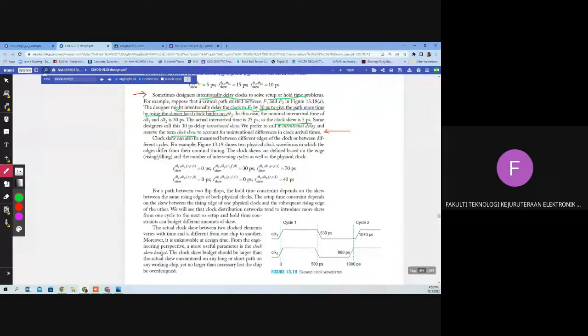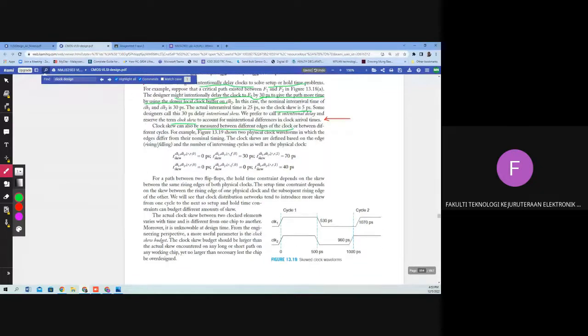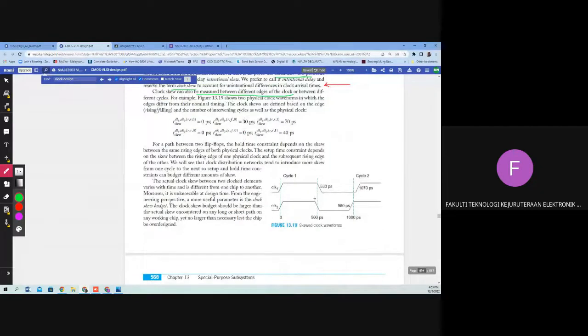Clock skew can also be measured between different edges of the clock. I think I mentioned this in the last lecture, I forgot. Between different cycles, we can see here the difference in the clock arrival time from the clock edges. For example, here it's okay, but the other side is a bit different in terms of the edges.